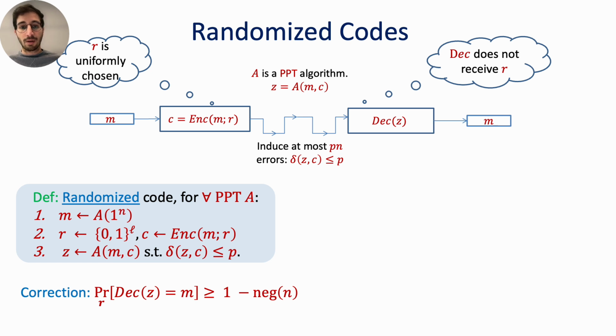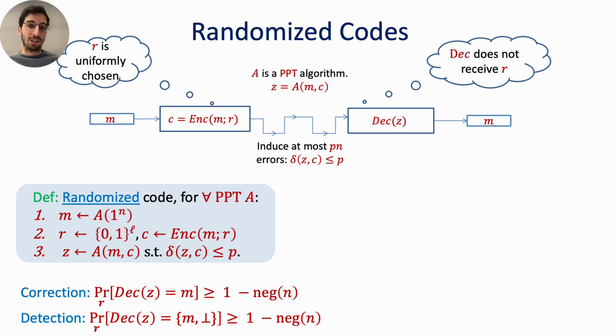Or for the case of detection, it either outputs the original message or it outputs bottom, with all but negligible probability. So this is our definition for randomized codes. Again, this is a straightforward algorithm that first chooses a message, and the randomness is then chosen. Afterwards, it can choose the error pattern if you want.